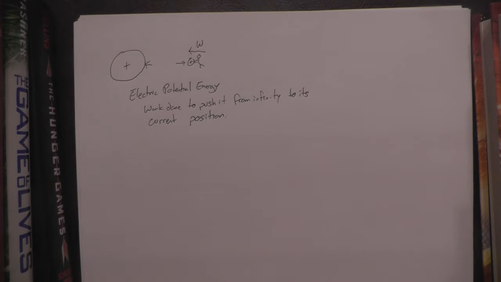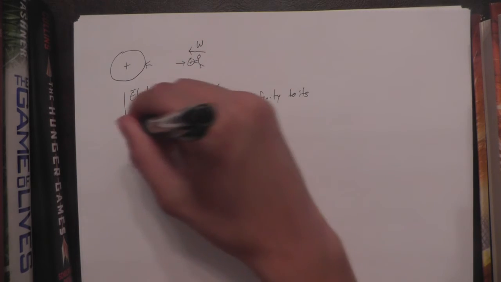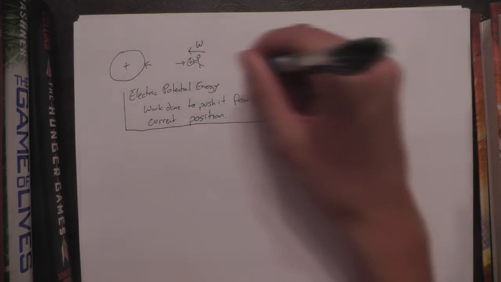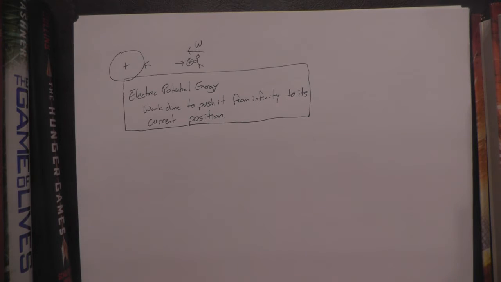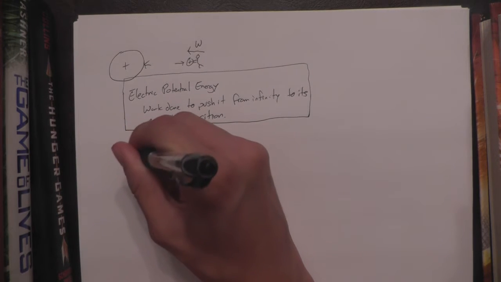However, it's just kind of inconvenient to talk about electric potential energy in this sort of way when we're talking about electric charges. So, physicists have come up with another term, potential.